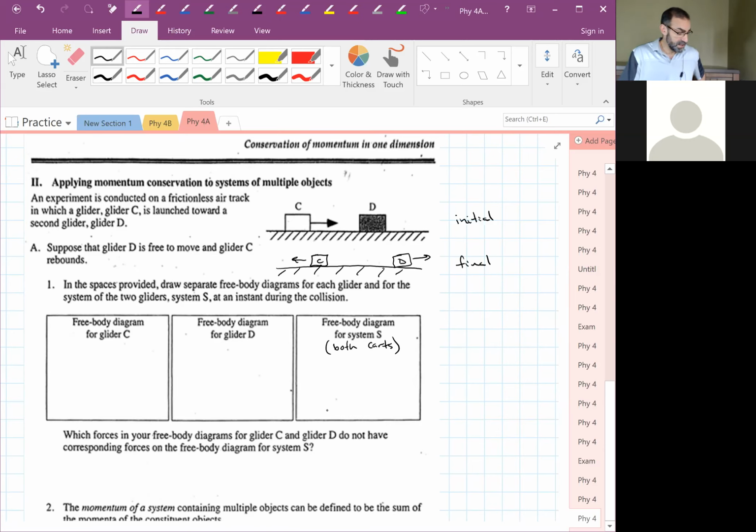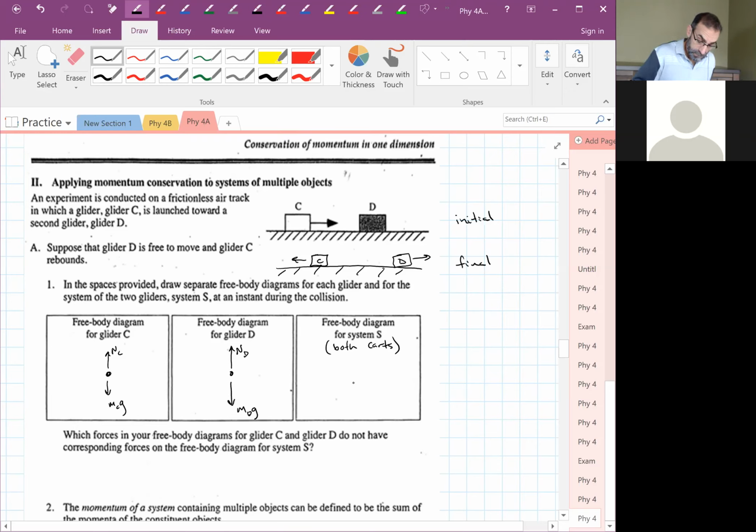Free body diagram for C, free body diagram for D, and a free body diagram for the system. Okay, I did all the vertical ones for you.